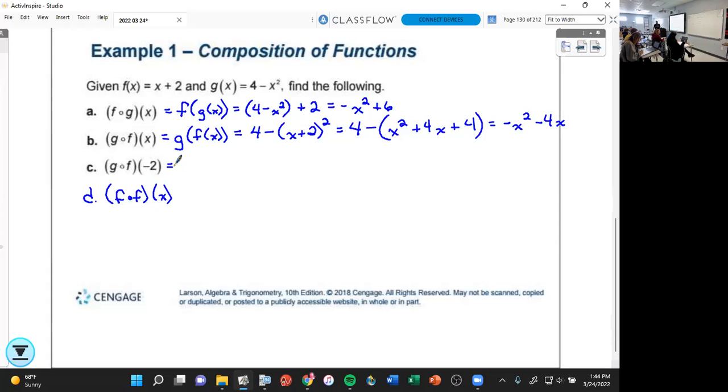Part C, g of f of -2 means I want g of f of, not x, -2. How do you work this problem?